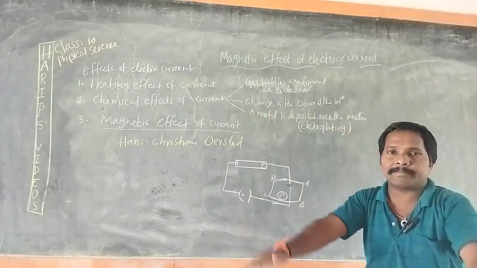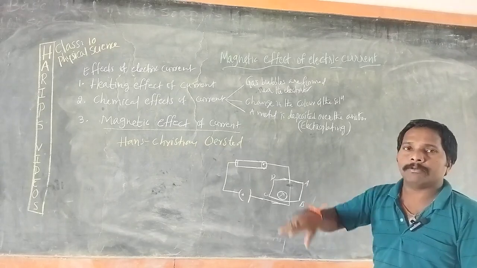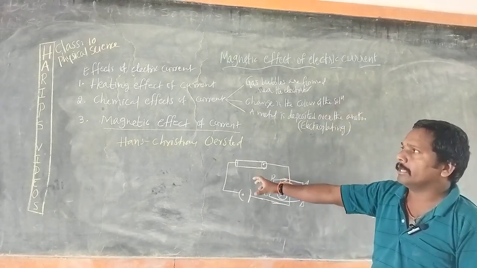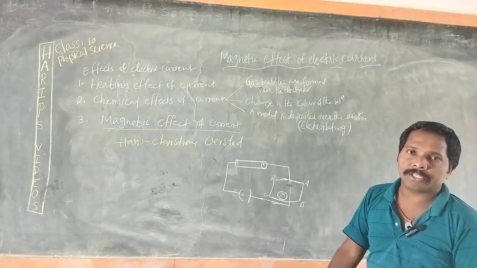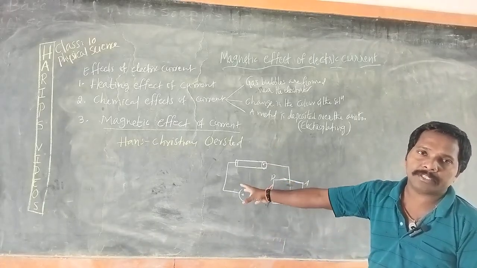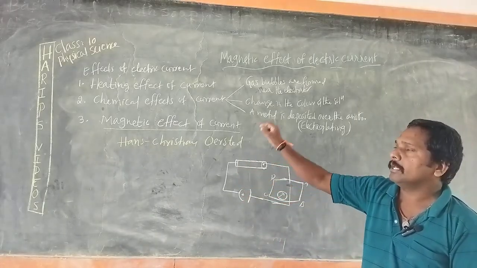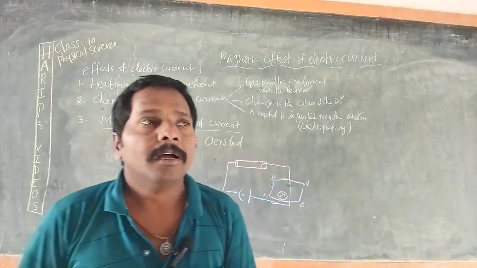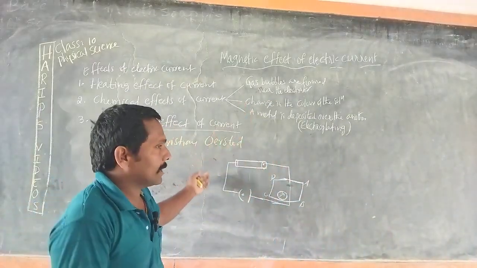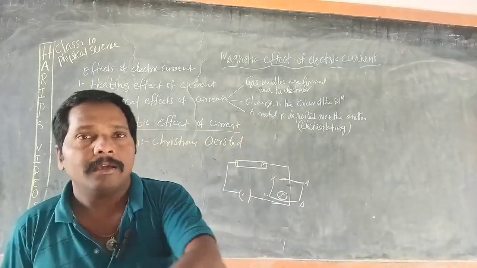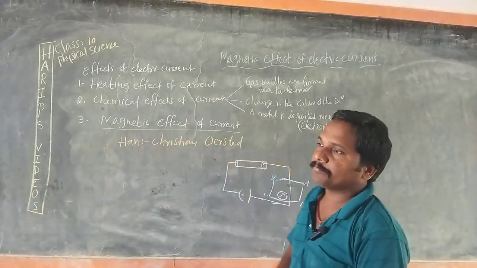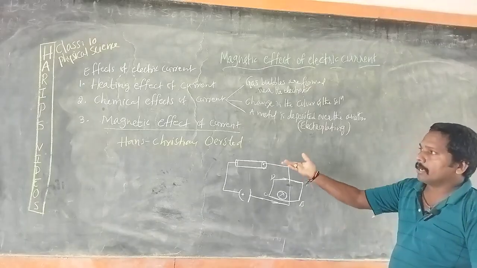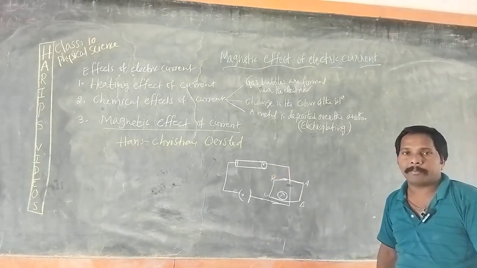Before the Ørsted experiment, people in those days believed that there is no relation between electric current and magnetism. After the Ørsted experiment, so many inventions were made.